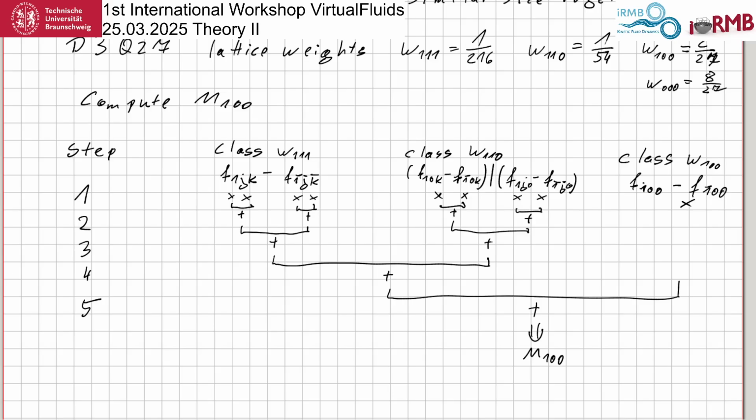Because previously we had 26, 18, 17 actually. So the number of summands that we had was 18.